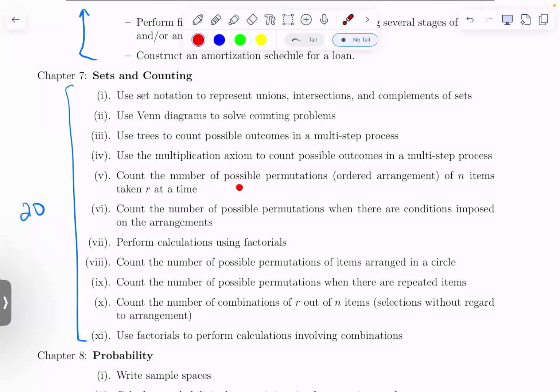The number of possible permutations, which is an ordered arrangement of n items taken r at a time. Just to clarify, that's NPR. And then count the number of possible permutations when there are conditions imposed on the arrangements, right? Things like it has to end in a vowel, right? Or license plates can't start with zeros, things like that, right?